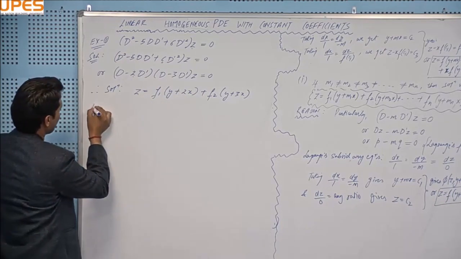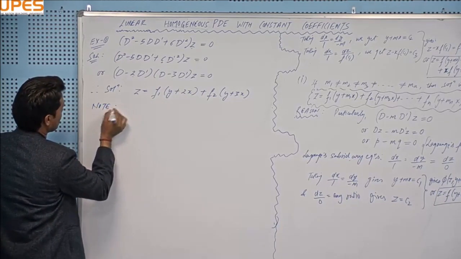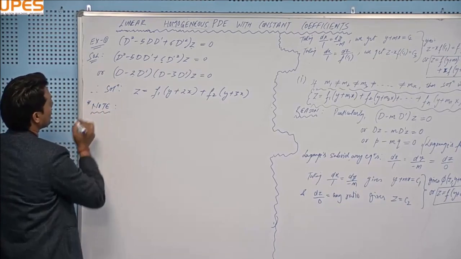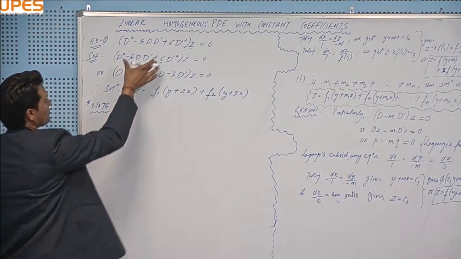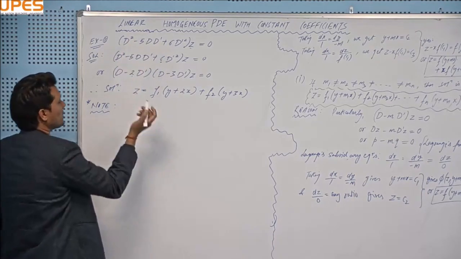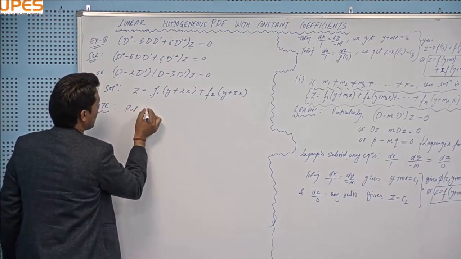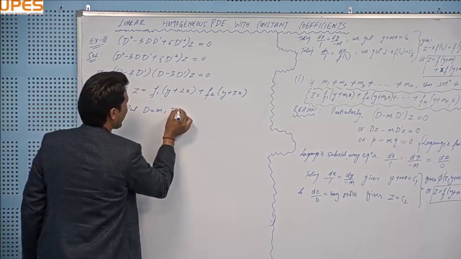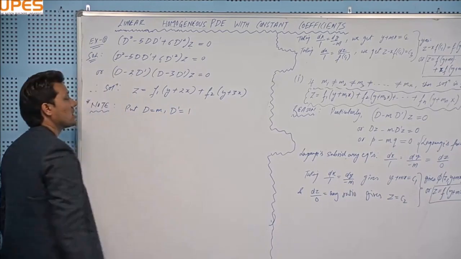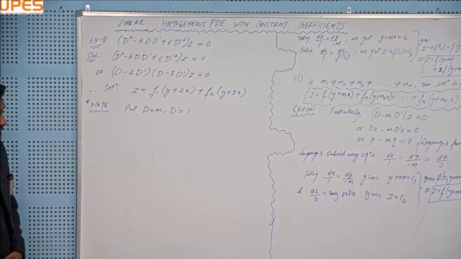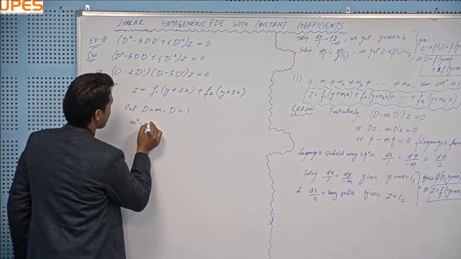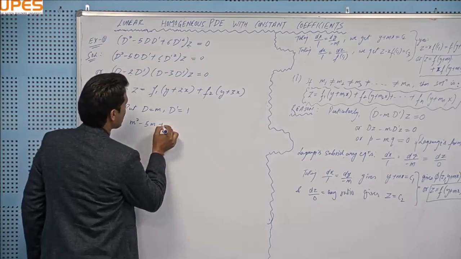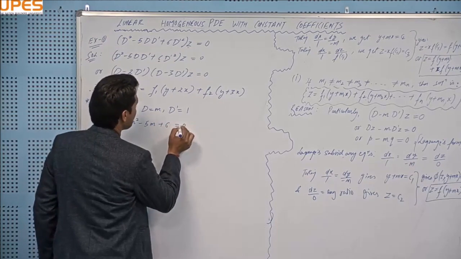And one more thing I want to add: in some books, some authors tend to write this PDE in this form. They put D equal to m and D dash equal to 1. This is another method to factorize this equation, and in that case they write m square minus 5m plus 6 equal to 0.